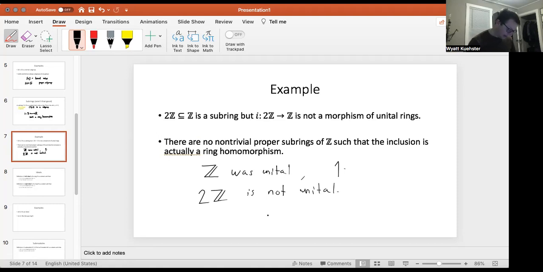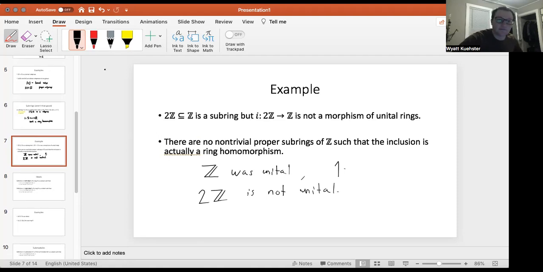So actually, maybe this isn't even the best example. Let me do an even better example. Let me finish explaining this. Here, the problem is that the inclusion map from 2Z to Z doesn't send the unit to the unit, because there is no unit in 2Z.